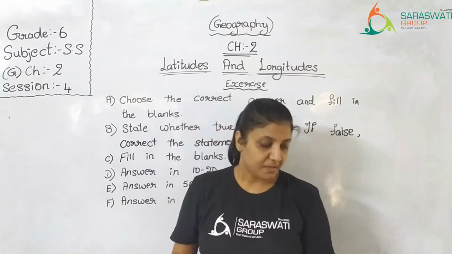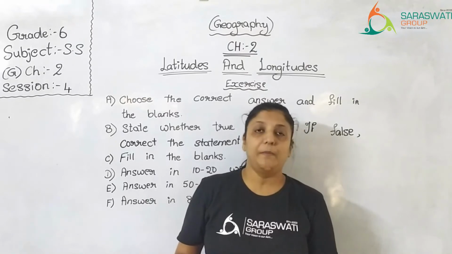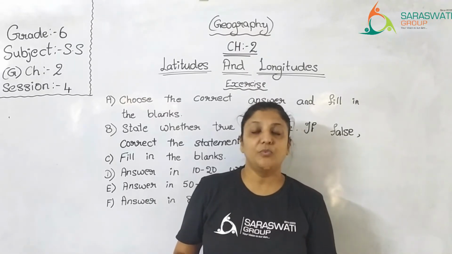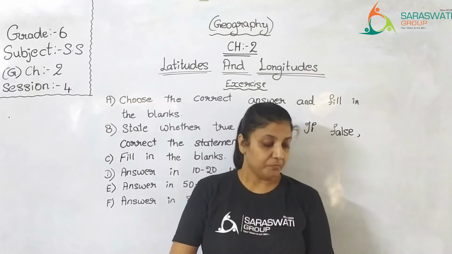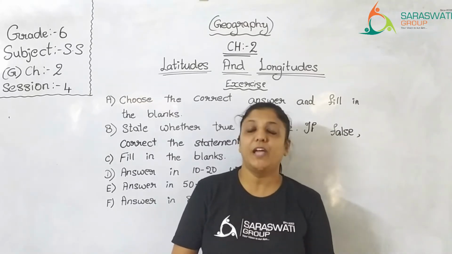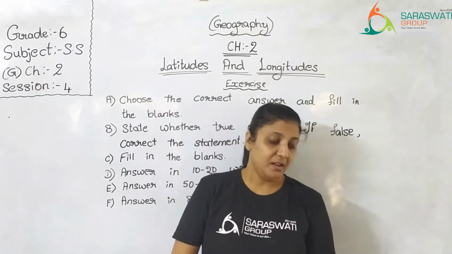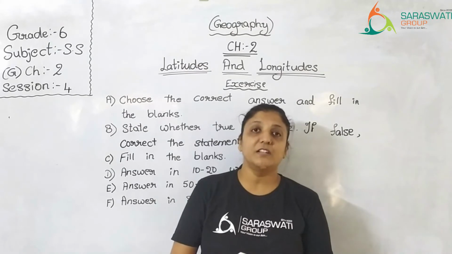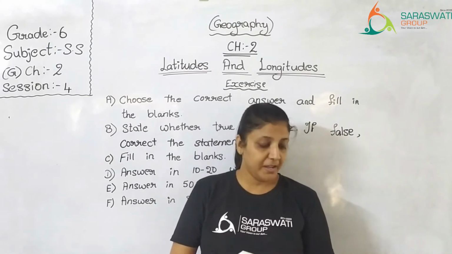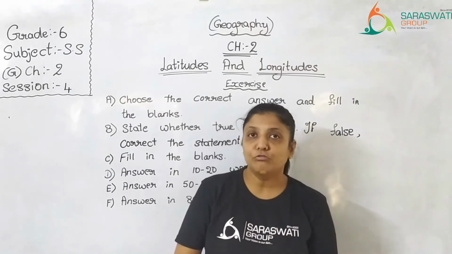Okay? Next, number 4. When GMT, that is Greenwich Mean Time, is 2 p.m., that is afternoon, 2 o'clock, then IST, that is Indian Standard Time, is 7:30 p.m. Is it true?